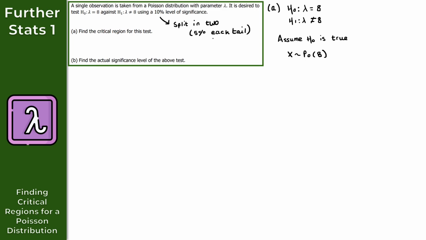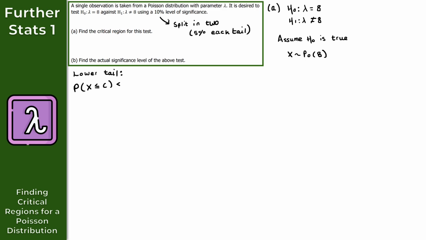What we require here is actually two things. We're going to think about this in two parts. We've got the lower tail of the distribution, and we also have the upper tail of the distribution. So let's start with the lower tail. For the lower tail, we require that the probability of our random variable X being less than or equal to some value, let's call this c, must be less than our significance level.